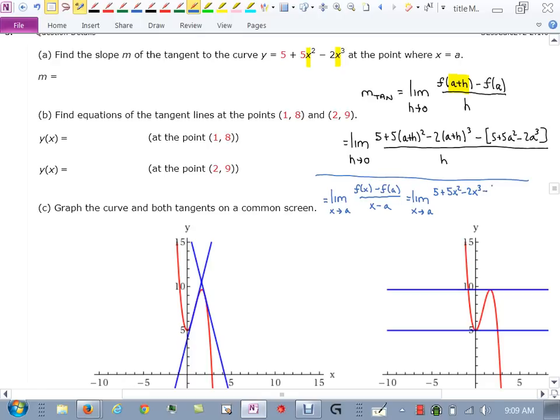Then subtract from that f of a, which is everything we have, replacing the x's with a's instead, and then all over x minus a. Now, the advantage to this one here is that I don't have to do any of these expansions.